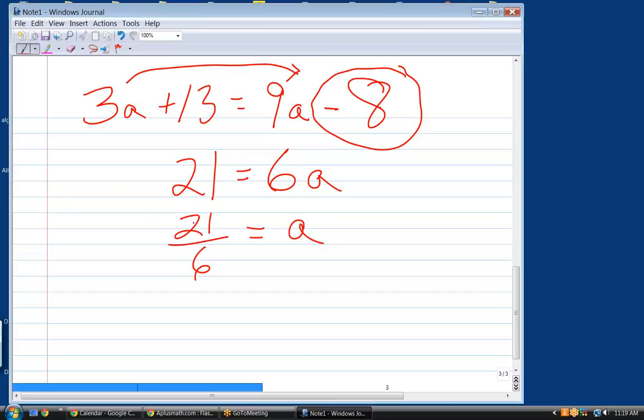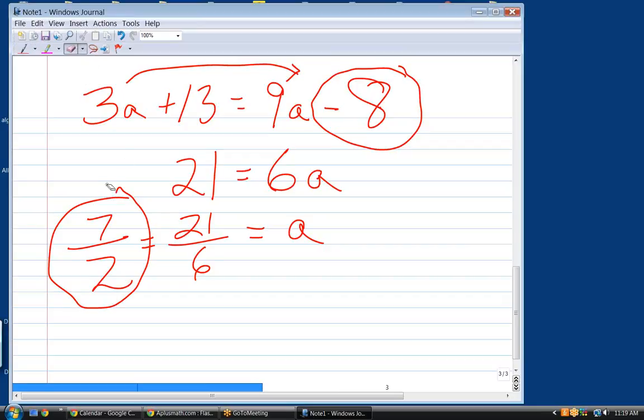I can divide the top by 3, and I can divide the bottom by 3. What's that going to turn into? That's going to turn into 7 and 2, 7 halves. Now I cannot find any more numbers that divide evenly into the top and the bottom, so I'm fully simplified.